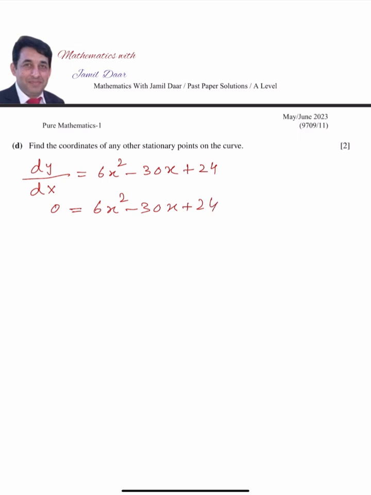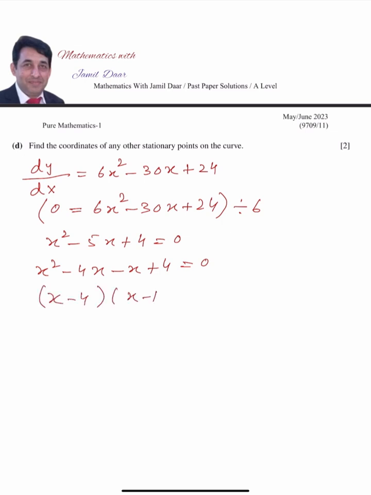As all are divisible by 6, we'll divide the whole equation by 6. This will become x square minus 5x plus 4 is equal to 0. If you do the factorization, this will become x squared minus 4x minus x plus 4 is equal to 0, and (x minus 4)(x minus 1) is equal to 0. x is equal to 4, x is equal to 1.